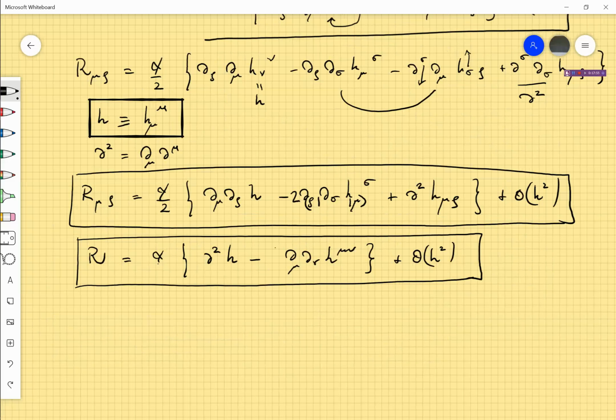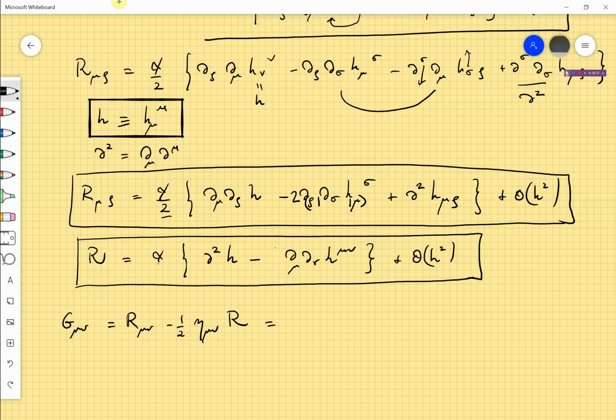Okay, well, the last thing that we need to do is to combine both R mu nu and R into the Einstein tensor. And since R is of order chi, instead of g we will have just eta mu nu, and everything will be of order chi, of course.